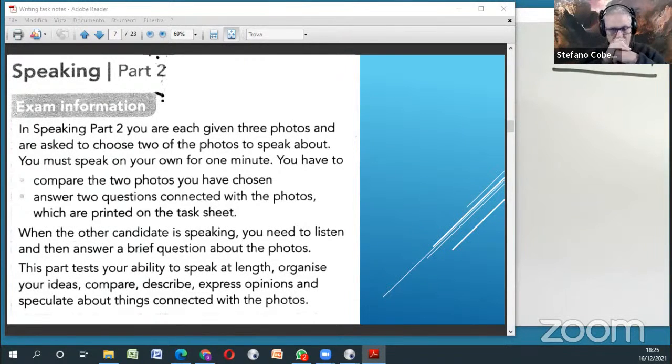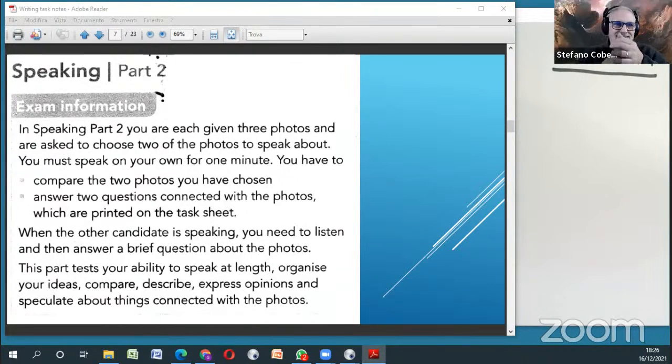The photographs. Well, it's not simply a picture of something and you have to describe it. Typically, what you're going to be asked to do is compare, and there will be 2 questions which are connected with the photos. You need to answer both questions, okay?